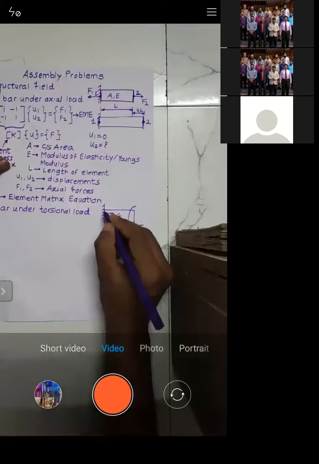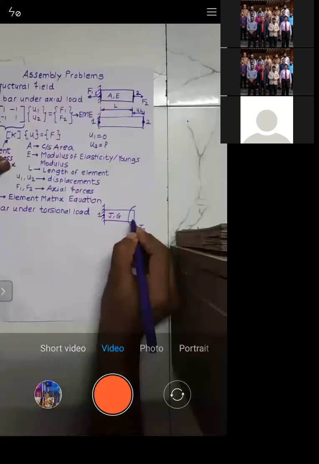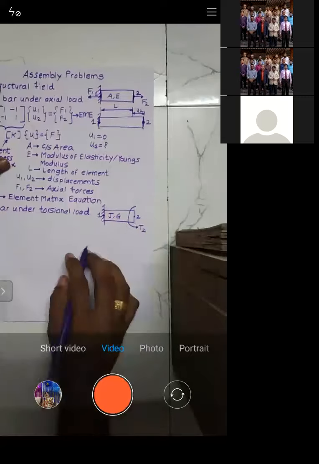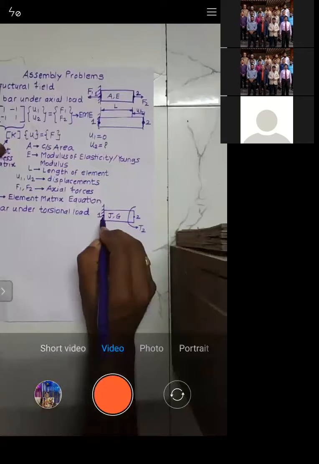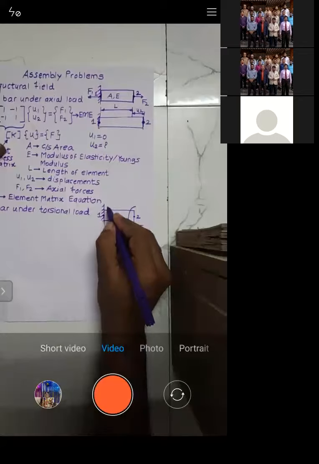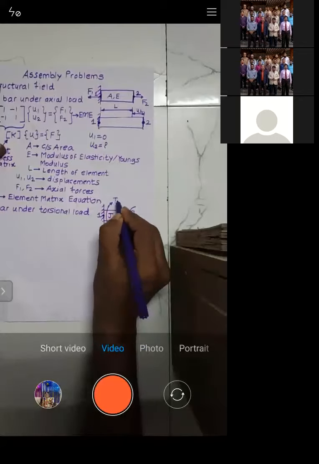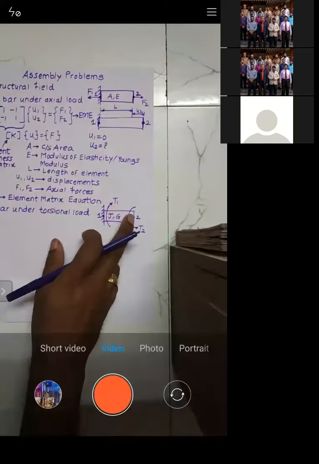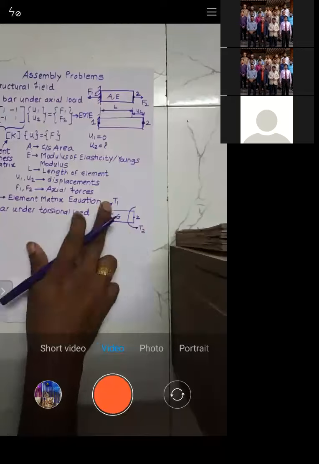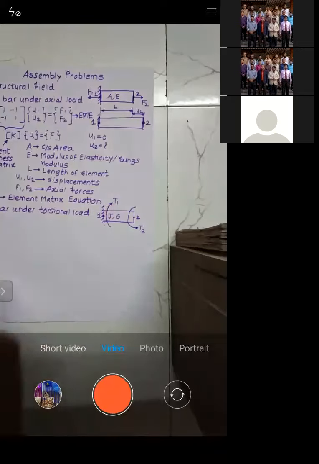T2, some reaction will be generated at this point. Let me call this point number 1 and this point number 2. In order to balance T2, a reaction has to be generated at point 1, and the reaction generated is T1. T1 and T2 are the same in magnitude but opposite in direction.